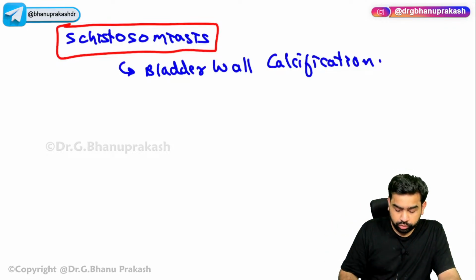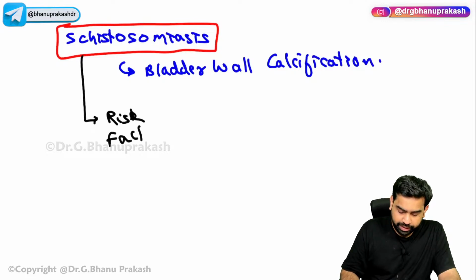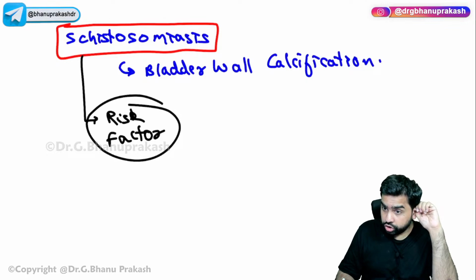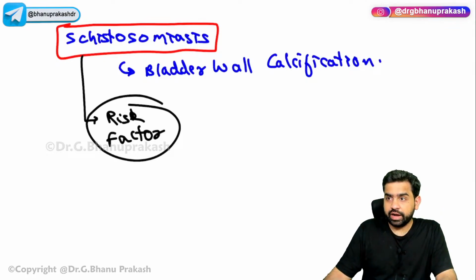Now if I ask you about schistosomiasis, is it a risk factor for some malignancy? Which type of bladder cancer: squamous cell cancer, adenocarcinoma, or transitional cell carcinoma?